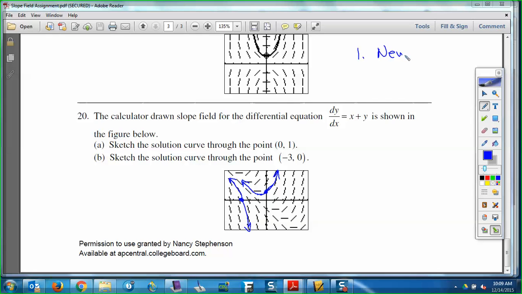Today's homework was Newton's law of cooling, so when it comes to the quiz, we've got to be able to do Newton's law of cooling, like number 23 and number 24 in the homework, which pretty much covered what you need to know for Newton's law of cooling. You need to be able to match your slope fields.